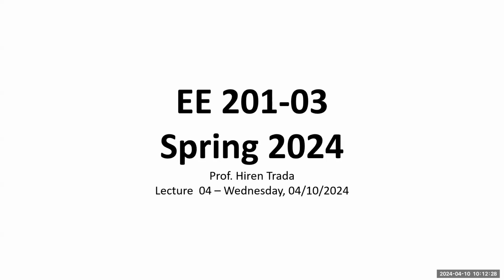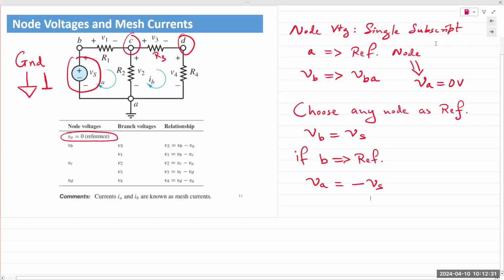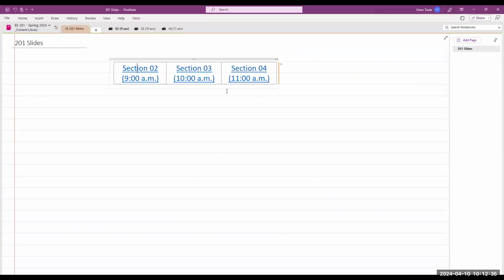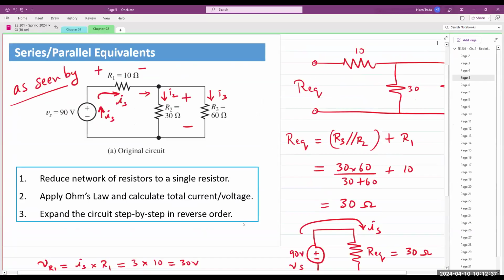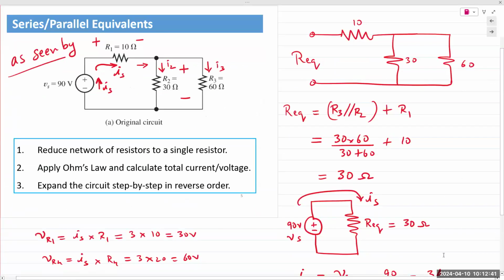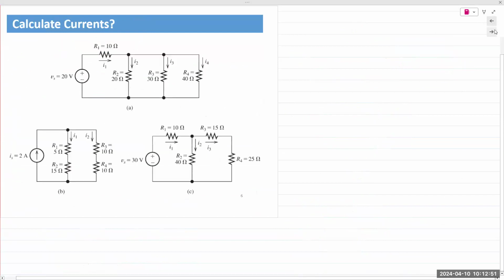We will go to the example for series parallel analysis, Section 3. Three examples, we look at all 3 of them.